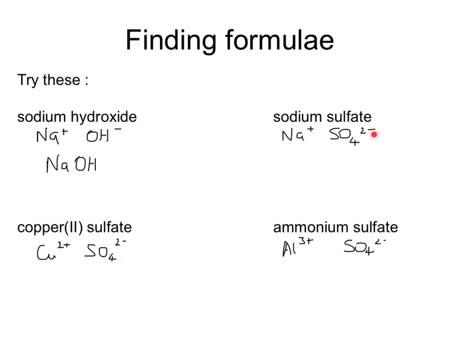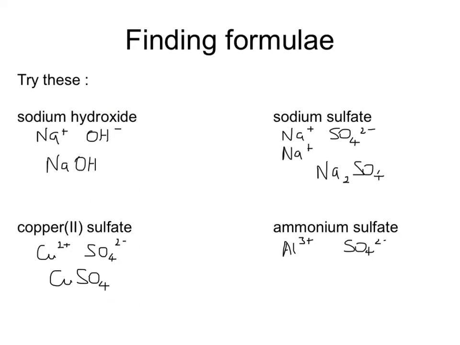So in order to balance up the charges, I need 2 sodium plus charges in order to balance up the 2-, and so the formula is Na2SO4. Next one, copper sulfate. Now this one already has 2 pluses here and 2 minuses here, so it's a 1-to-1 ratio, CuSO4. The last one is more difficult.